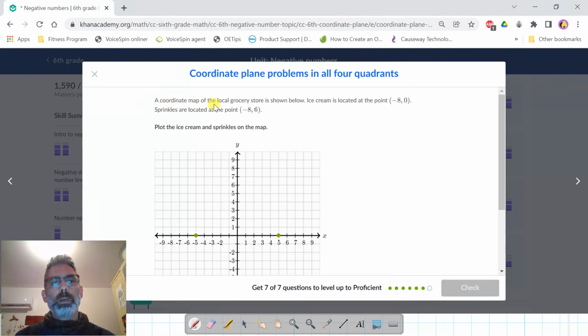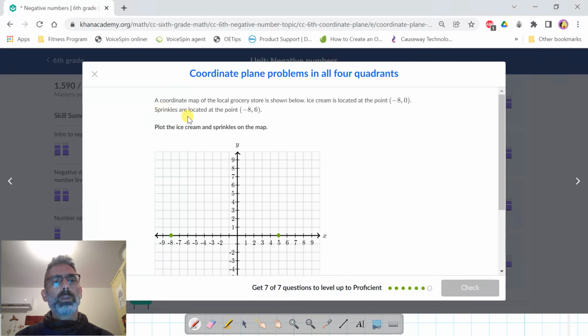Coordinate map of the local grocery store is shown below. Ice cream is located at point (-8, 0).